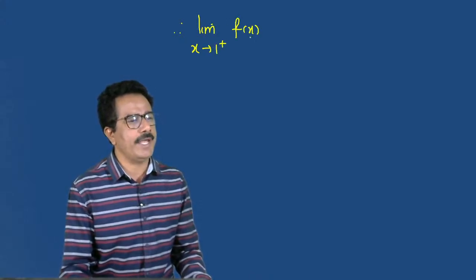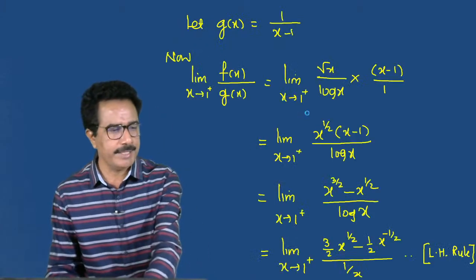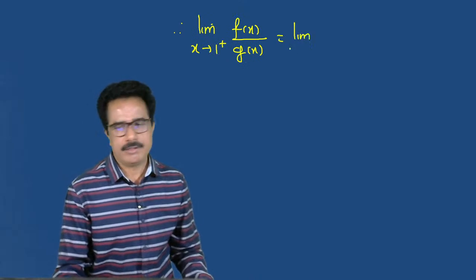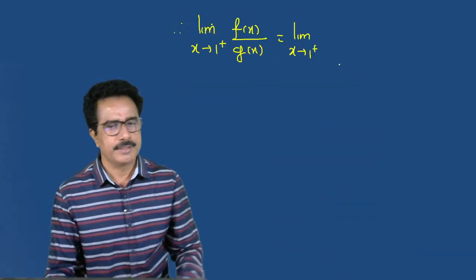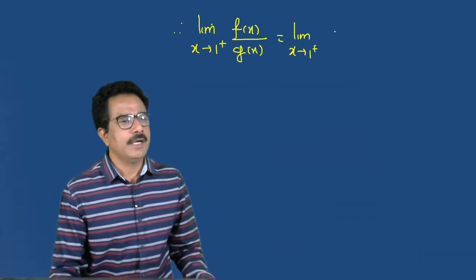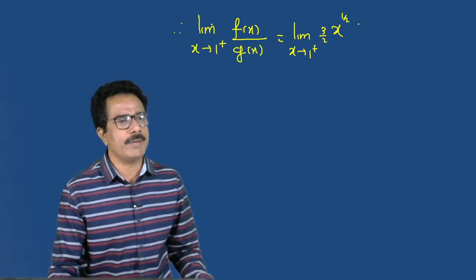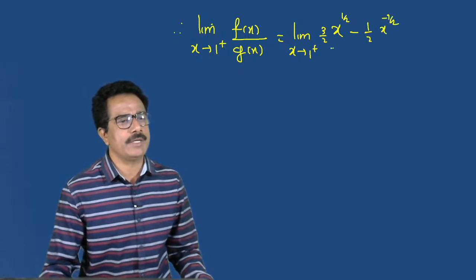So we can write this as: therefore limit x tends to 1 positive of f of x divided by g of x equals limit x tends to 1 positive of 3 by 2 into x raised to 1 by 2 minus 1 by 2 x raised to minus 1 by 2, divided by 1 by x.